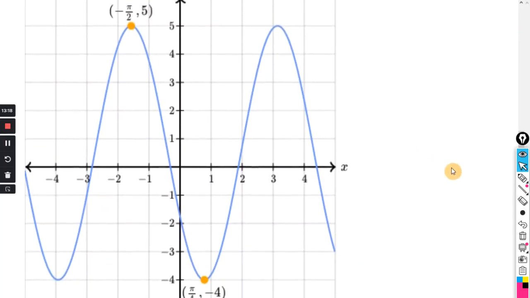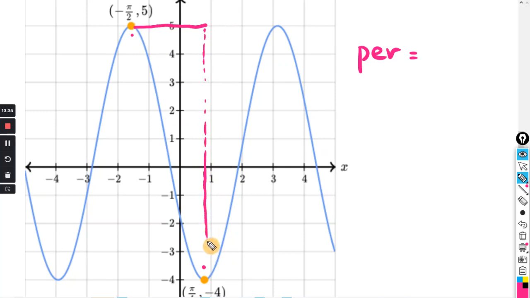So now let's find the period. Okay, so this is a max and this is a min. So this horizontal distance right here, if we go down to the min, is going to be half of the period, all right? Because we need to go all the way from here to here for the period, but we are only going halfway. So we're looking at the x coordinates.